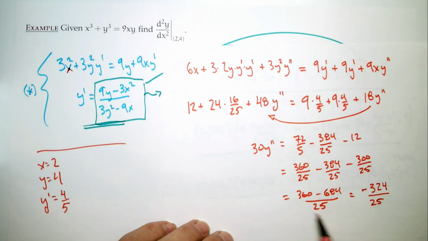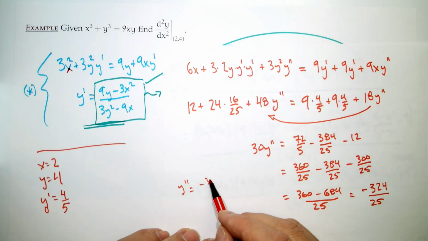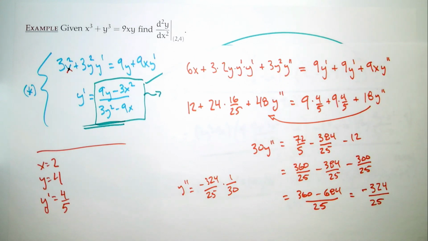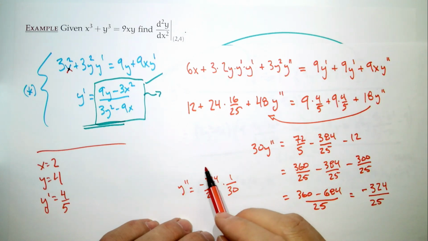25ths. But remember, that's 30y double prime. So we get that y double prime is negative 324 over 25 times 1 over 30. And you might say, well, does 30 go into 324? Well, 324, it turns out, is equal to 6 times 54.